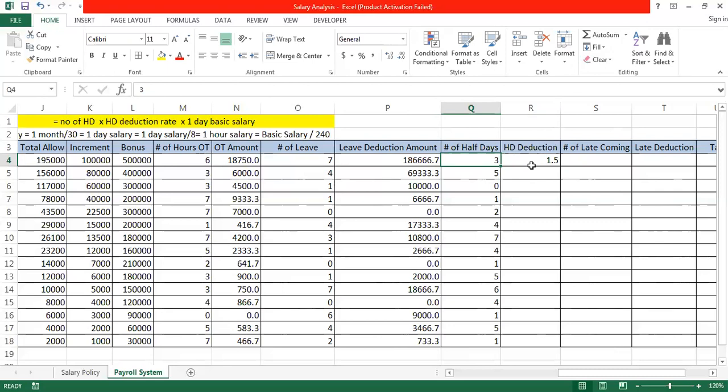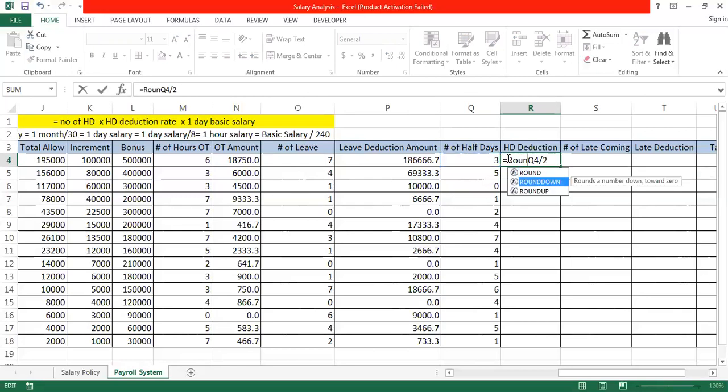On 3 half days there is again 1 day deduction. So I'm going to apply the ROUNDDOWN command. How can I apply the ROUNDDOWN formula? ROUNDDOWN, then the value, then the number of digits I want in decimal. I don't want any decimal place, so 0 decimal places, comma 0.